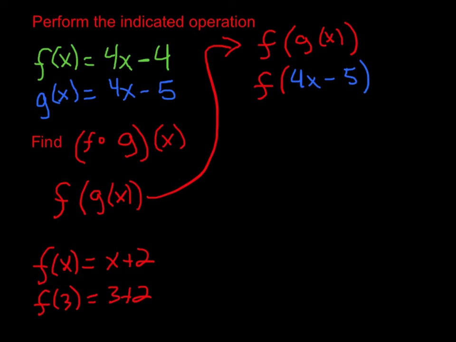Well, we're going to use that same concept, except we're going to use it on this one here. It's a little bit more complicated. We've got a 4x minus 5. So I'm going to plug this 4x minus 5 in for this x right here.